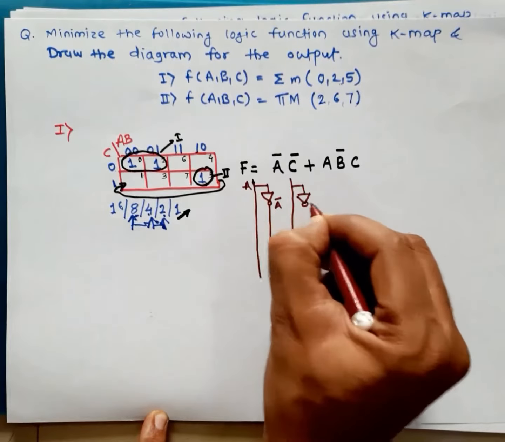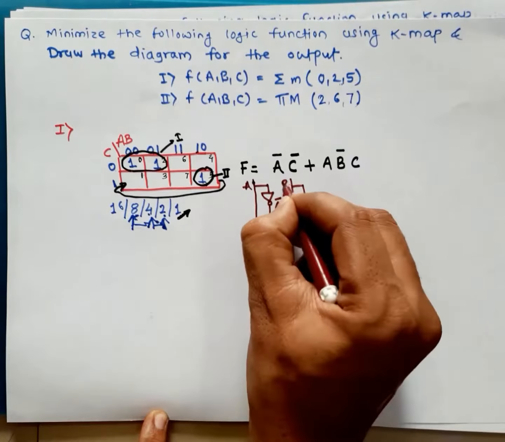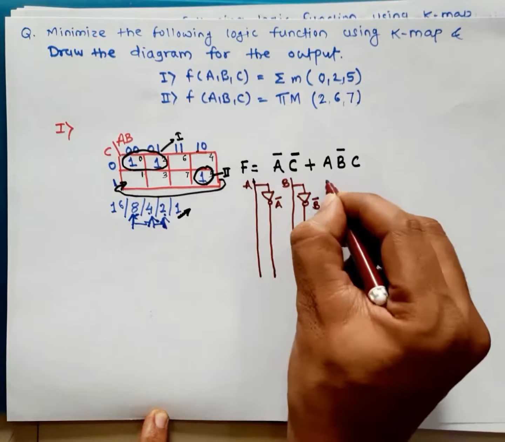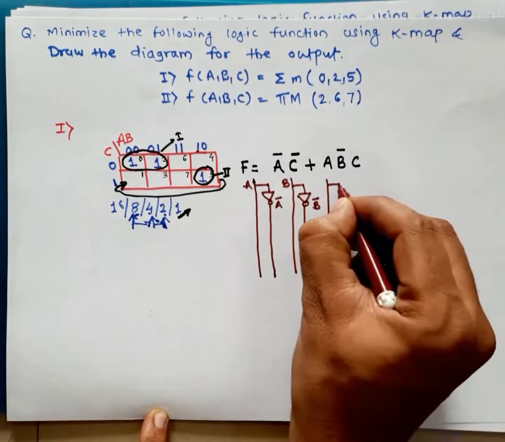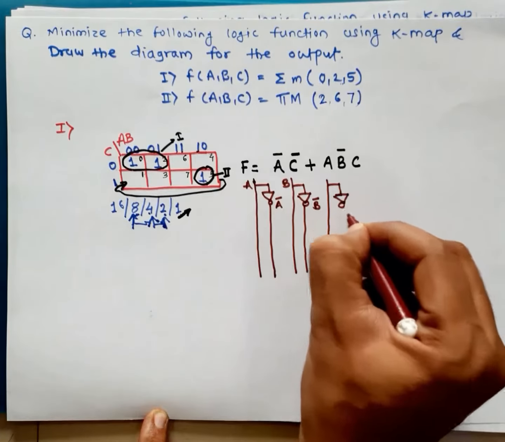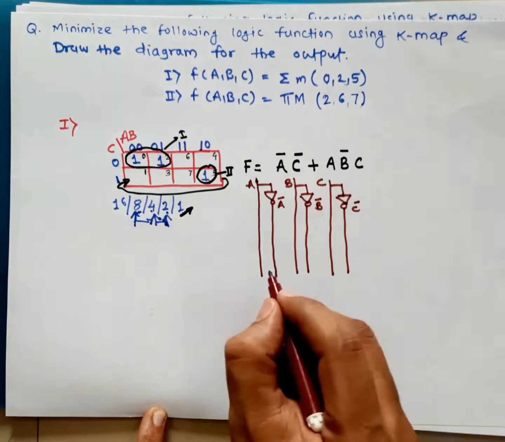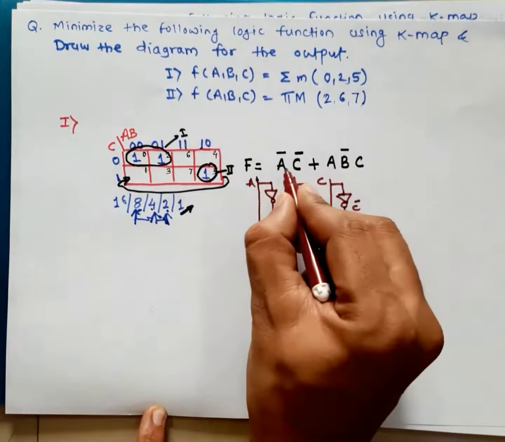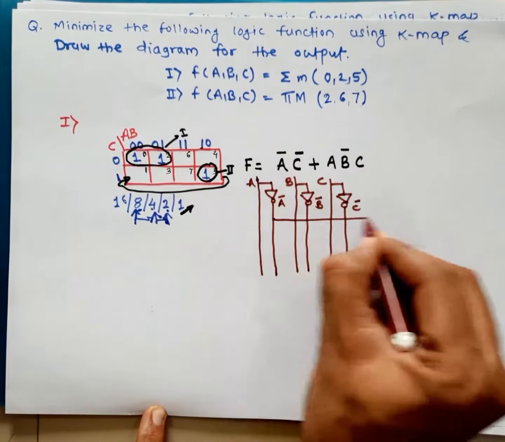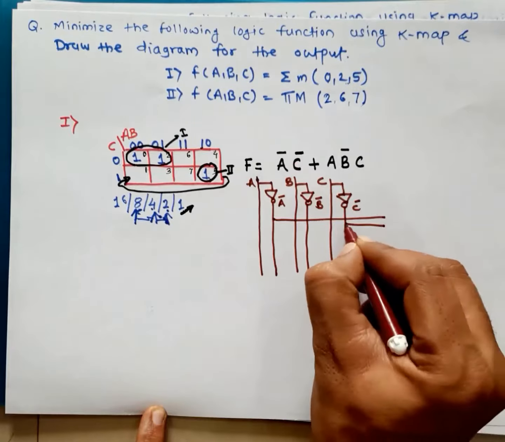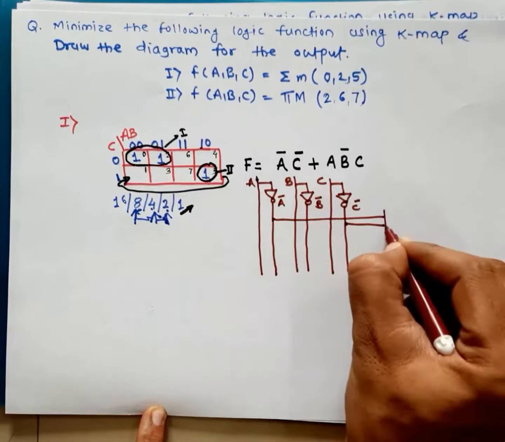If you follow this method, you can easily design the circuit diagram for any function. Now for the first term, what are the variables? A bar and C bar. So this is A bar and this is C bar.